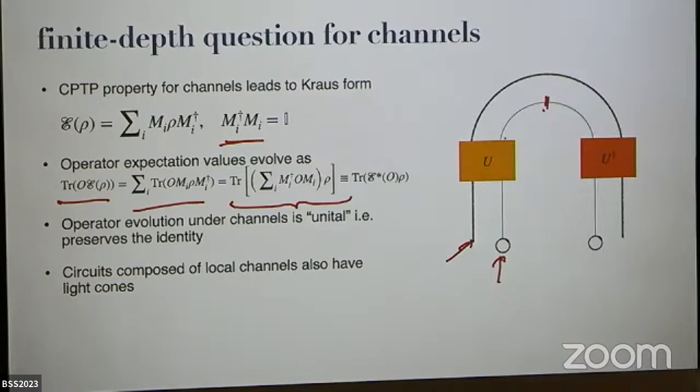So this is a bit of a mathematical aside, but the right way to think about states and operators and channels is that you can think about the channel as acting on the state, which is a vector, and the vector is a right vector, okay? And then the channel gets applied, and then what you do afterwards is you measure an operator, but the operator shows up on the other side of the circuit, so it's like a left vector.